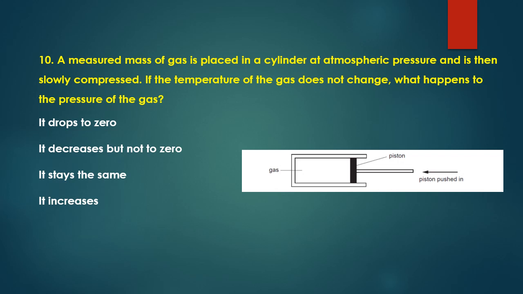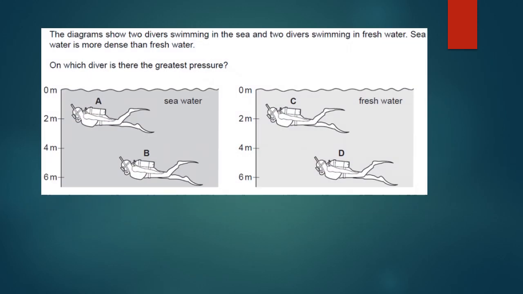So if one increases, the other decreases. Here they are saying it is slowly compressed, which means the volume decreases. So according to Boyle's law, if the volume decreases, what should happen to the pressure? It should increase.